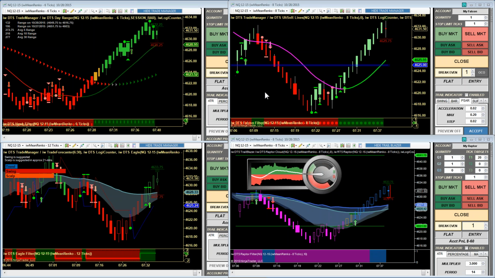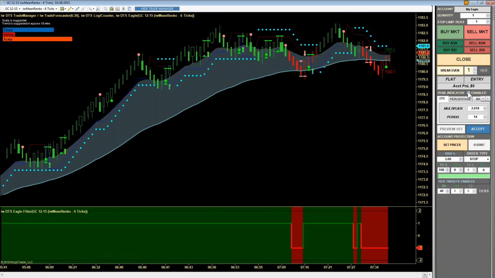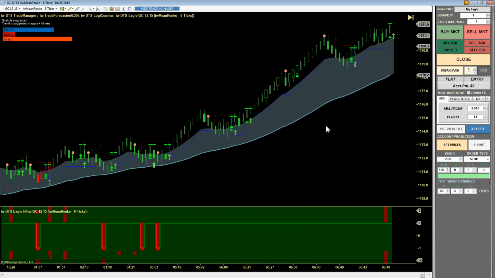Well, no real signal on the NQ. Gold is pretty quiet today too. Gold just moving more or less sideways. Here's gold on the Eagle. It's kind of flat. Good rally out of the open though.